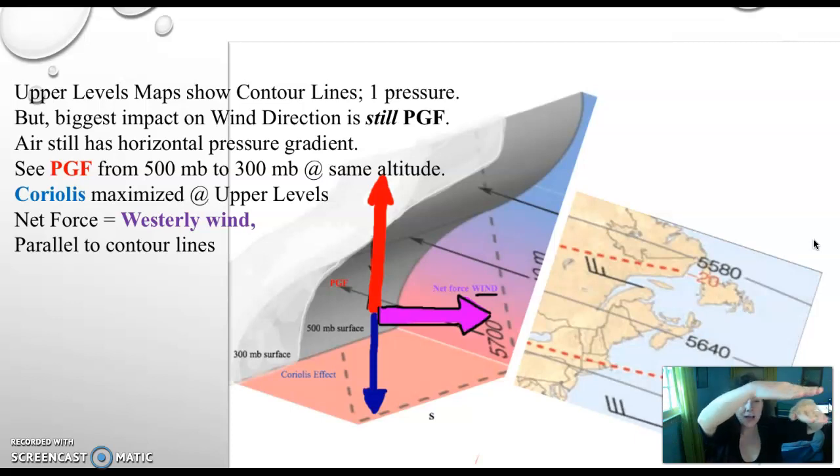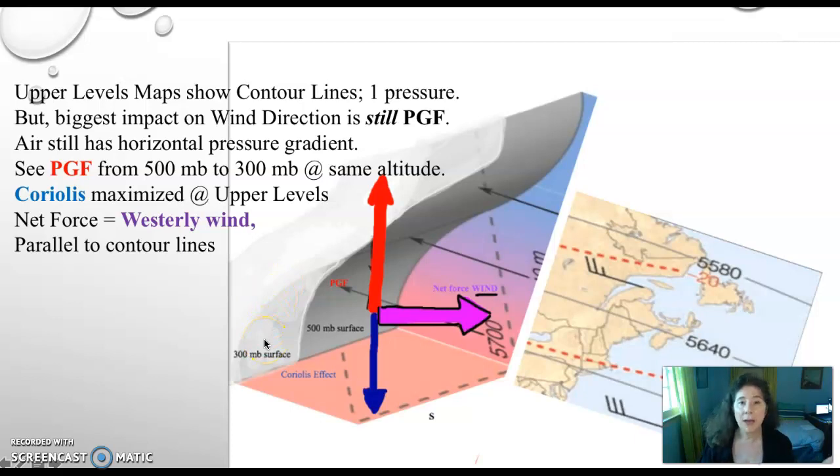If I took the horizontal movement in this atmosphere, I would go from 500 millibars to 300 millibars, from high pressure to low pressure. That's what I'm trying to show you here. Here is a 500 millibar surface, and above it is a 300 millibar surface.